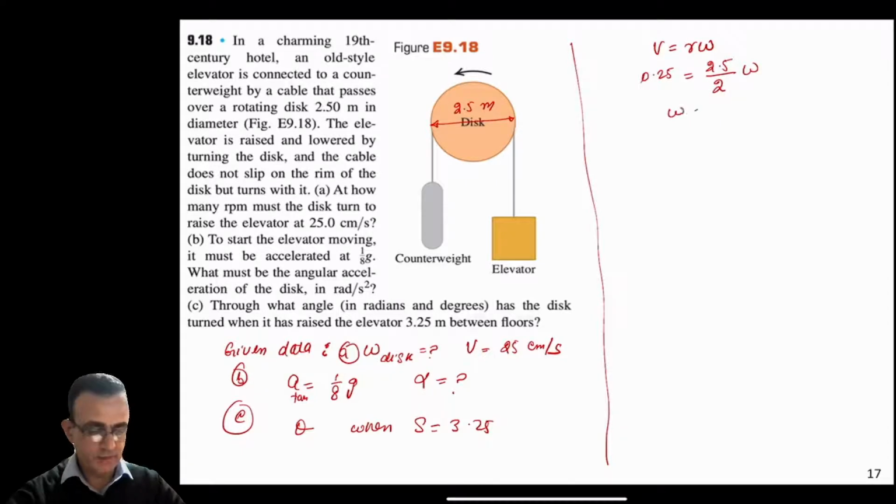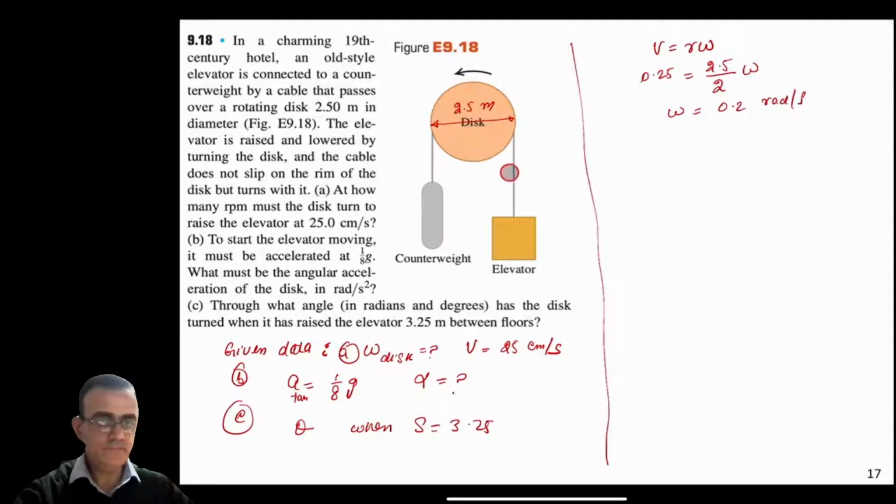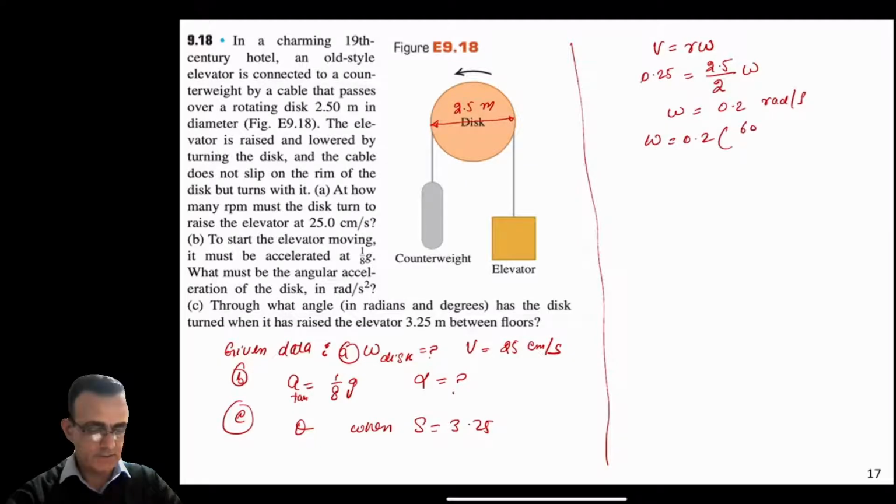From here we will calculate omega, which will become 0.2 radian per second. You can also convert this by multiplying with 60 divided by 2 pi, which gives 1.91 rpm. Okay, so this was our part A.